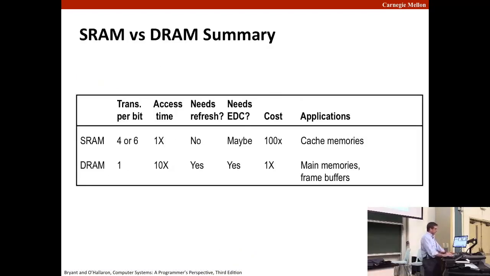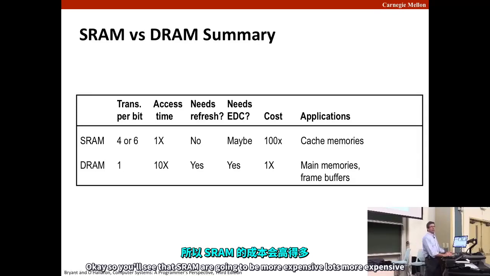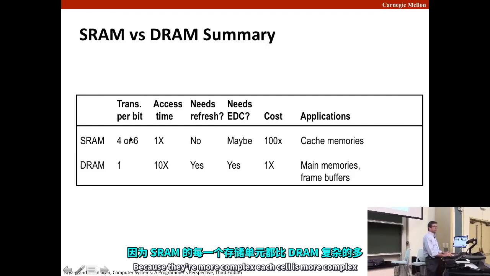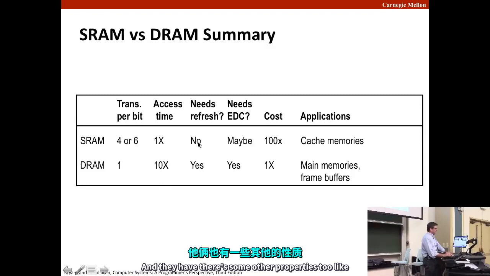An SRAM cell is more complex than DRAM. It requires 4 to 6 transistors per bit, whereas DRAM only requires 1 transistor. So you'll see that SRAMs are going to be a lot more expensive, because each cell is more complex, but they're also much faster, like an order of magnitude faster than DRAMs. There are some other properties too.